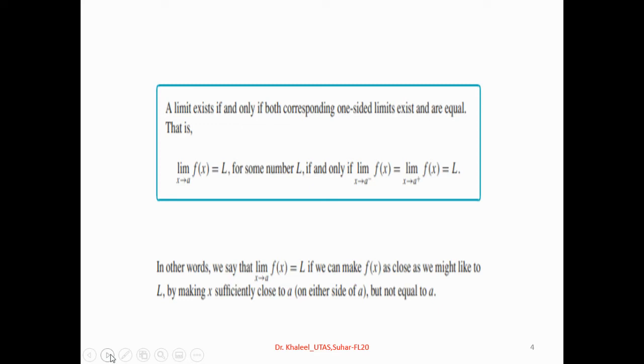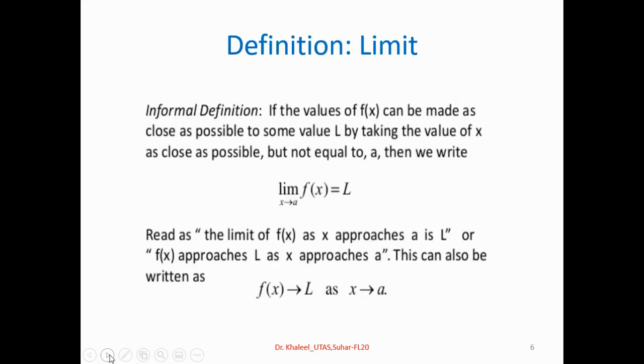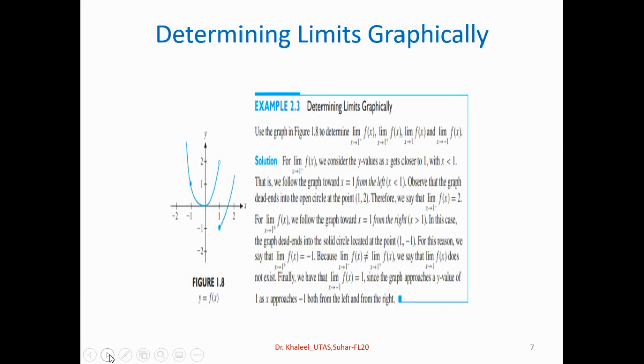And in some cases, left hand limit exists, right hand limit exists, but they may not be equal. So you have to be very careful about all these concepts. That's all about the limit.